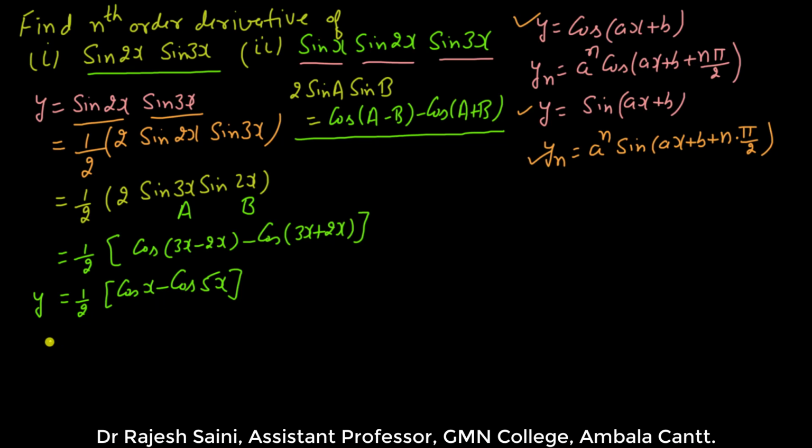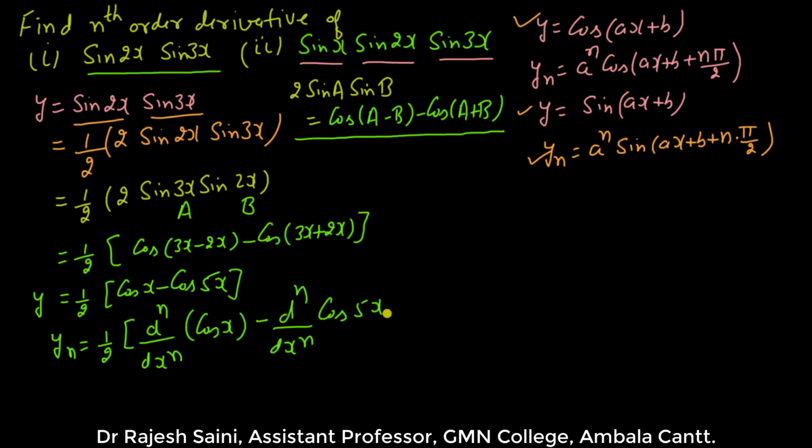Now what will be their nth order derivative? yn is equal to 1 by 2 as such, of the nth order derivative of cos x minus the nth order derivative of cos 5x.